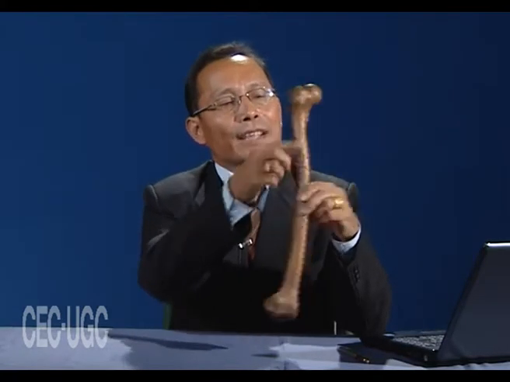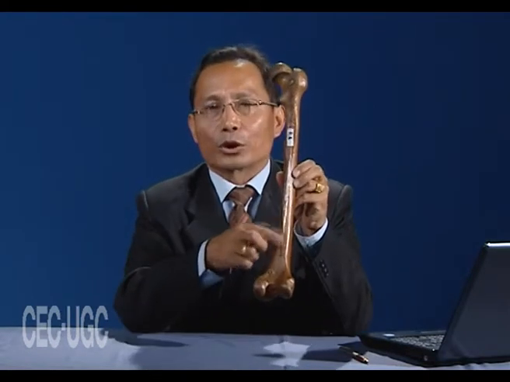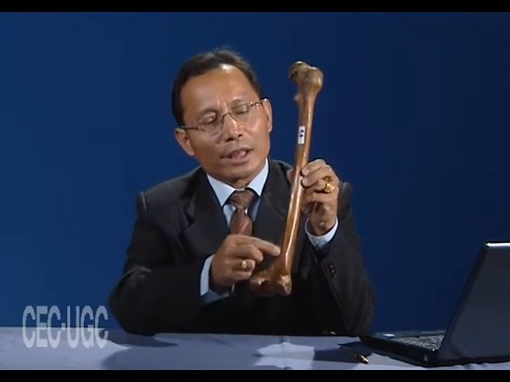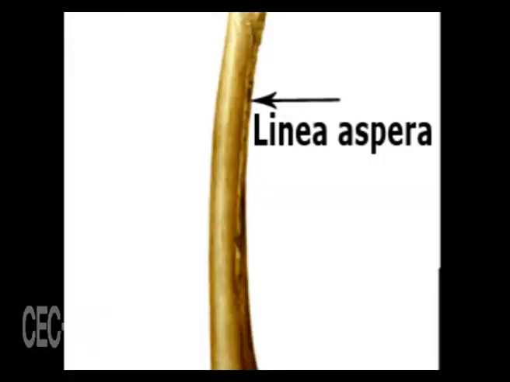And another point is that, you see, this is the front side, and on the back side, or we call it posterior side, there is a prominent ridge running along the whole length of the shaft. So this is the ridge, a prominent ridge, and this ridge is called linea aspera. This linea aspera is very much well defined.